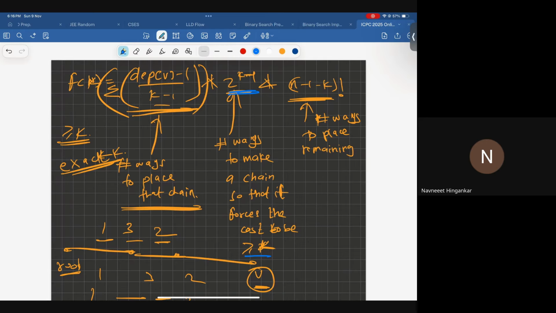How we are placing this until v is the total number of ways, and the remaining numbers we can place anyway, right? So that's the remaining number placing way. Yeah, that's the editorial for E from my side. Not perfect, but okay to understand, I guess.